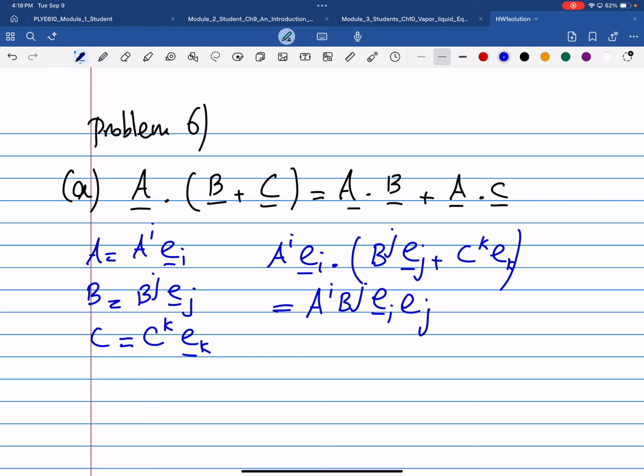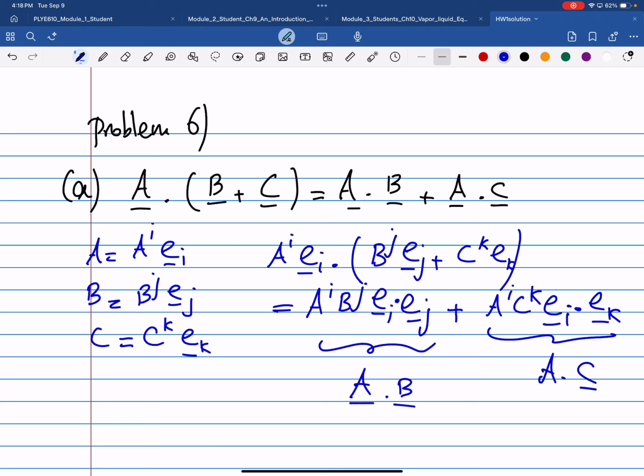So there's a dot product, plus A_i C_k e_i dot e_k, right? And this is just A dot B, and this is just A dot C. You don't need to do any delta or g_ij or anything. Very simple.